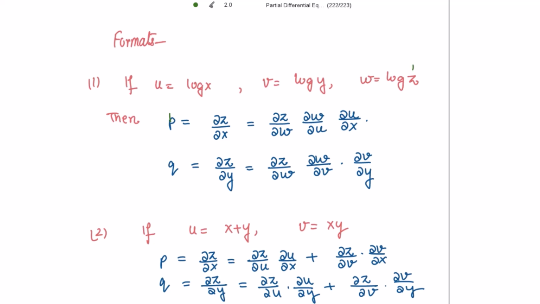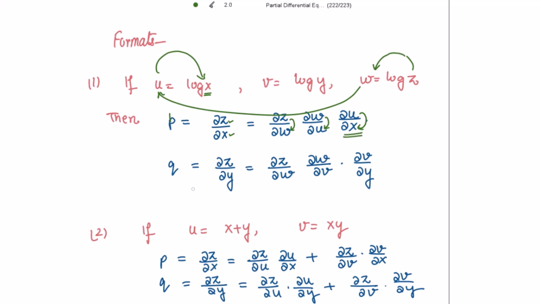You have to go from z to w and then w to u and then back u to x. Because what is p? It is the partial derivative of z with respect to x. So start from z to w, w to u and then u to x. The value of u is dependent upon x, right? So we have to end up with del u by del x.